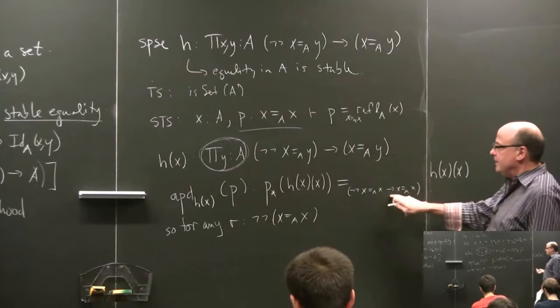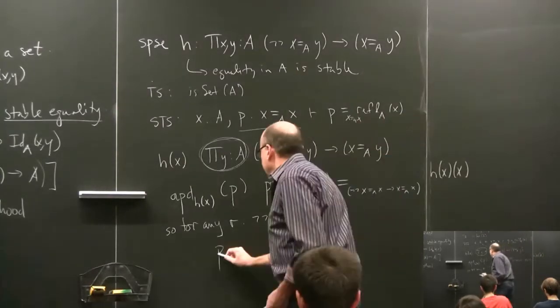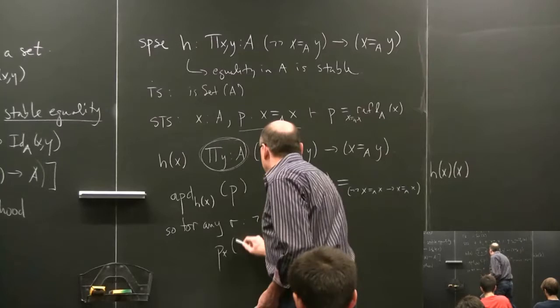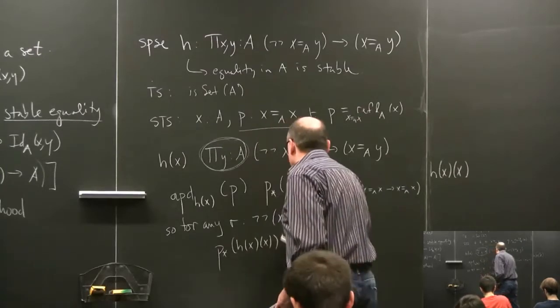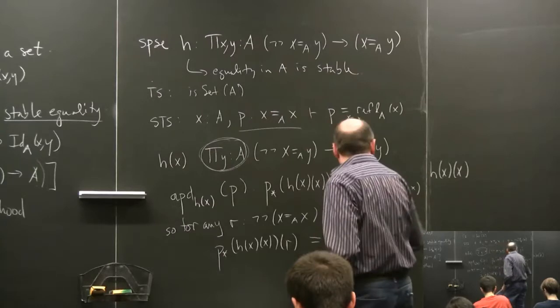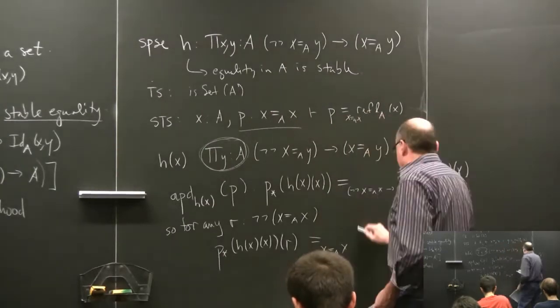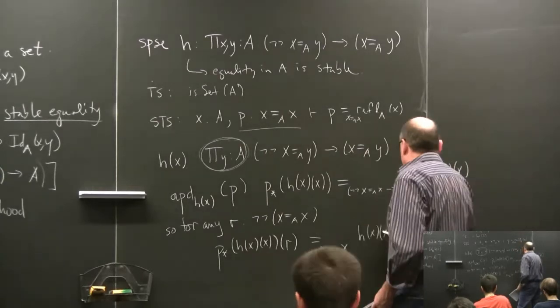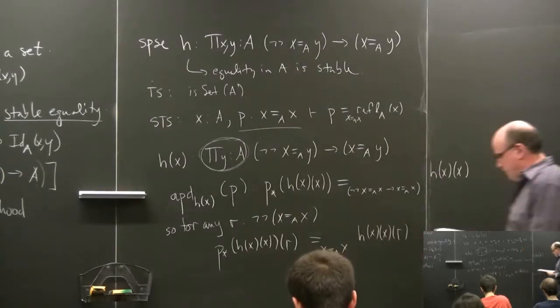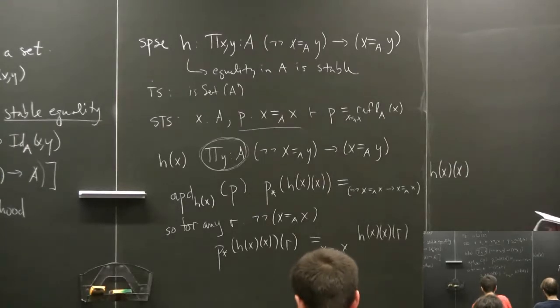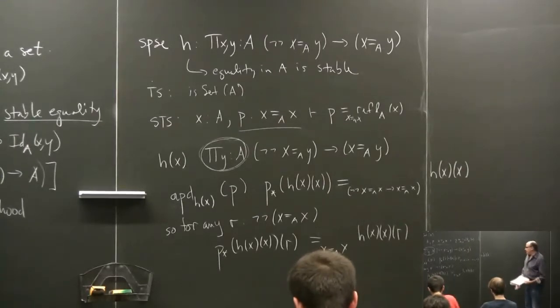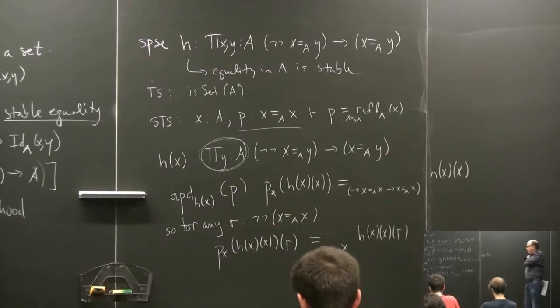So by function extensionality, what we know is that this p lower star h of x applied to r is equal, in x equals xa, to h of x of r. That's the first thing that we want to do. That's just by function extensionality, because we have a function, so we apply both sides to r.